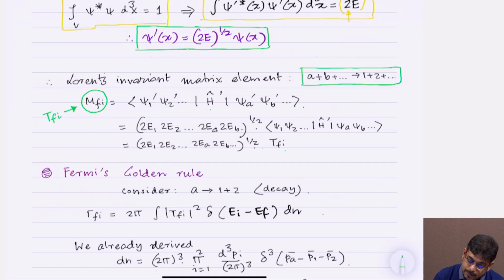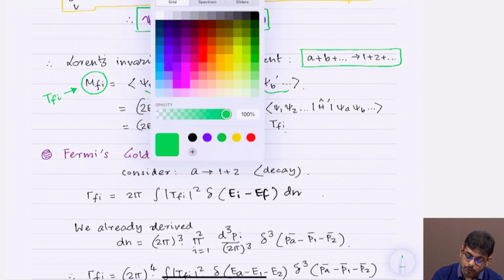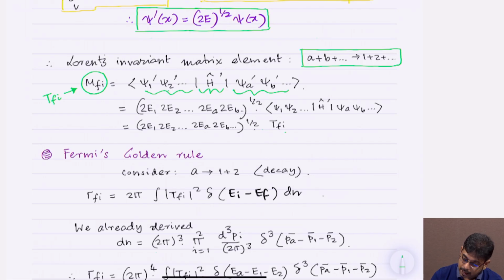Now, this M_fi will be simply the sandwich of psi 1 prime, psi 2 prime, which are the final state wave functions, with this perturbing Hamiltonian and the initial state wave functions psi a prime, psi b prime, etc. Now, if I want to rewrite it in terms of the non-relativistic wave function, then each of these wave functions will have a factor of (2E) to the power half, as we just noted above.